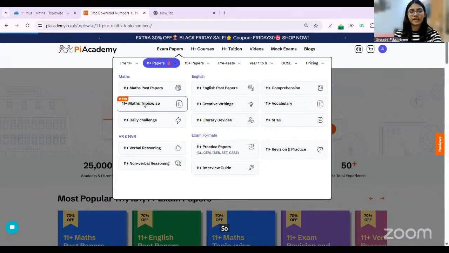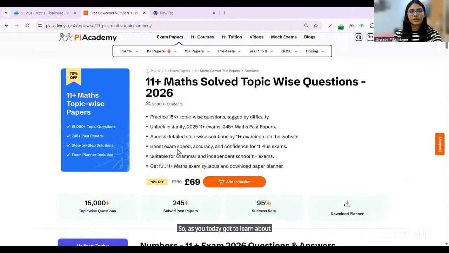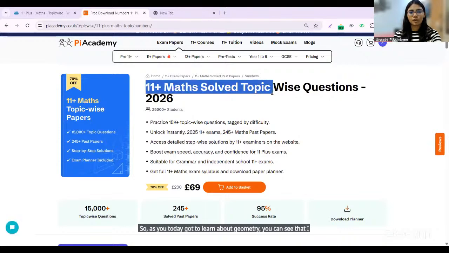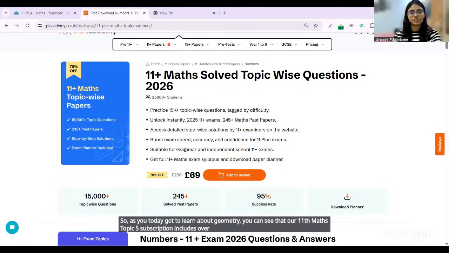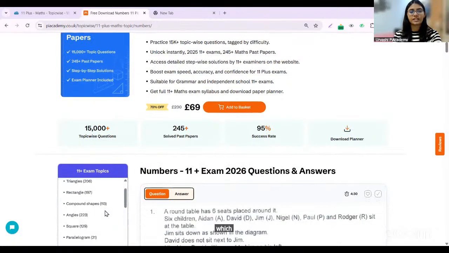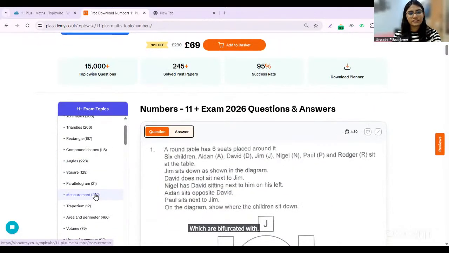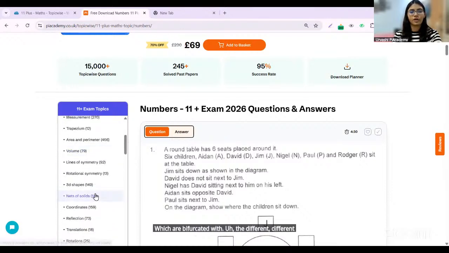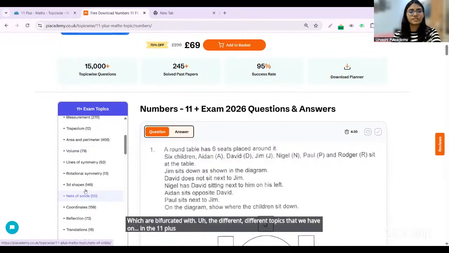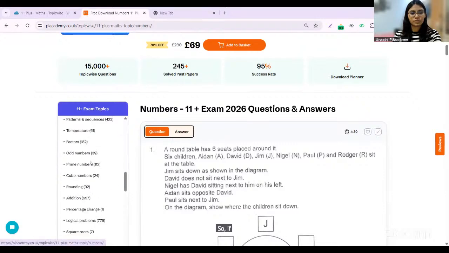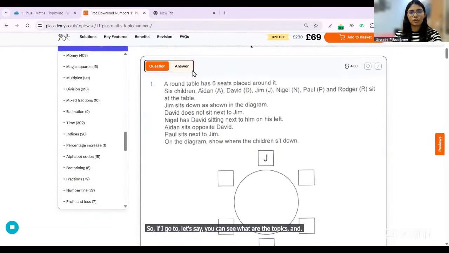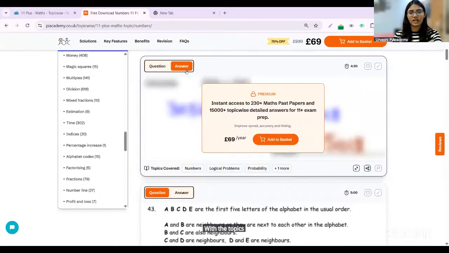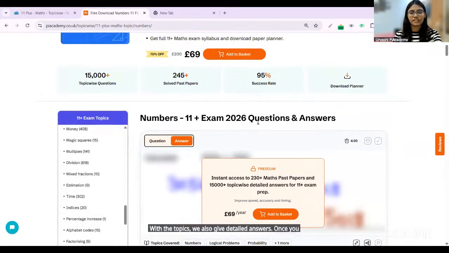So as you today got to learn about geometry, you can see that our 11 plus maths topic wise subscription includes over 15,000 plus questions, which are bifurcated with the different topics that we have in the 11 plus exam. So if I go to, let's say, you can see what the topics are, and with the topics, we also give detailed answers. Once you subscribe, you will get to know everything.